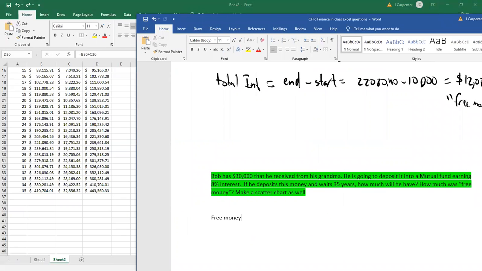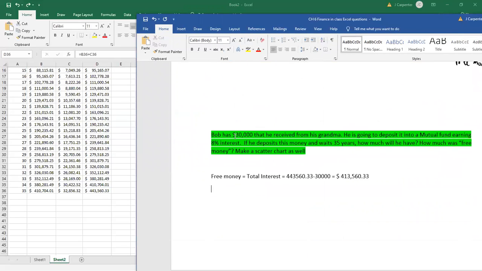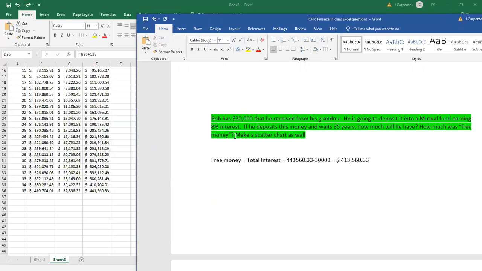The free money is the total interest, which is the 443,560.33 minus what we put in, which is 30,000. I should have dollar symbols everywhere, but just go with it for now. 413,560.33. That's the free money we got. Pretty nice for just putting $30,000 away and not touching it for 35 years.